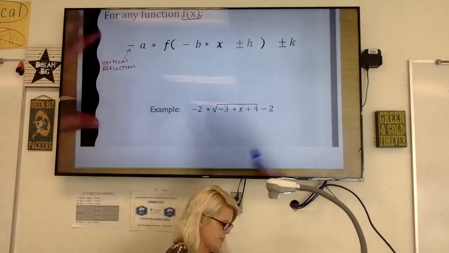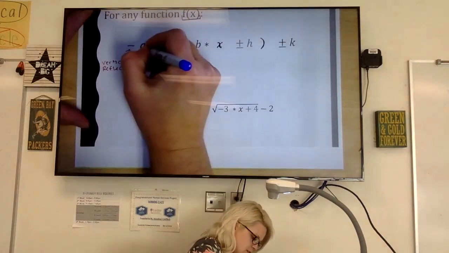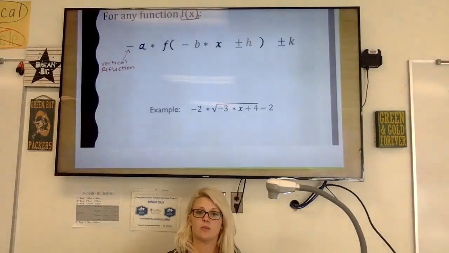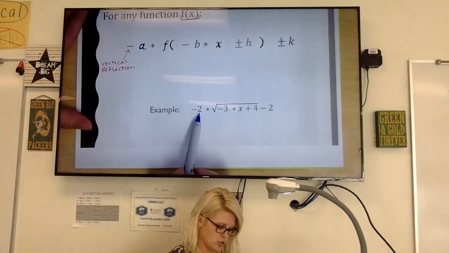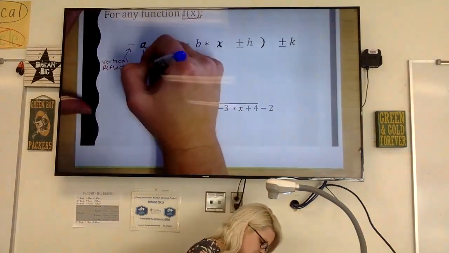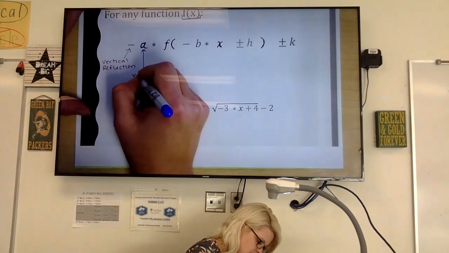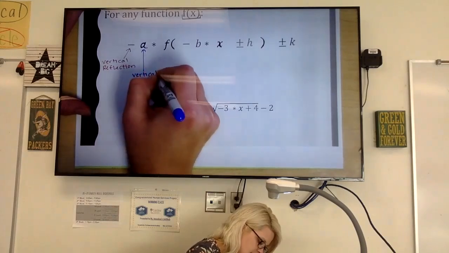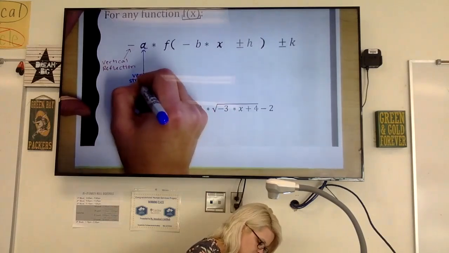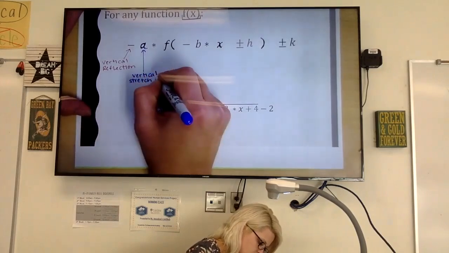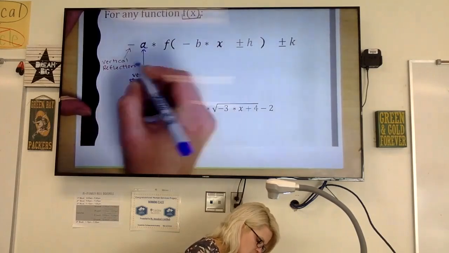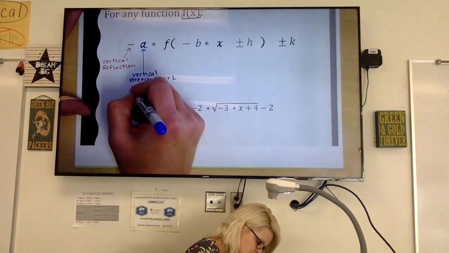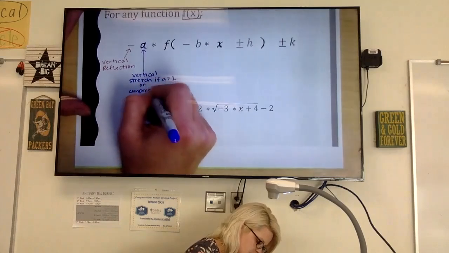Then a number being multiplied in front could be a 3, a 5, a 1/2, a 2. That is going to represent a vertical stretch if it is greater than 1, or a compression if it's less than 1, or between 0 and 1.